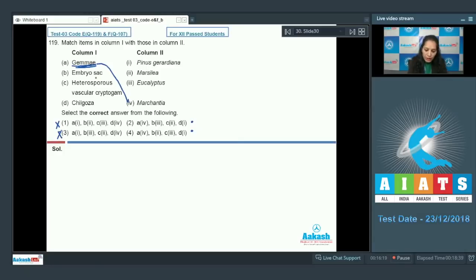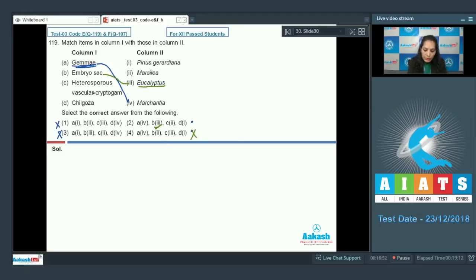Now B, embryo sac. Embryo sac is also known as female gametophyte. Female gametophyte or embryo sac is a feature of angiosperms only, and the angiosperm given here is Eucalyptus. Eucalyptus is the tallest angiosperm. So B goes with 3rd. So this option is also ruled out as here B matches with 3rd.